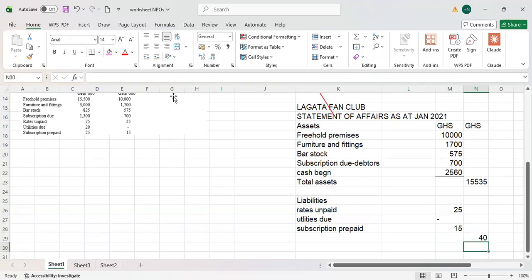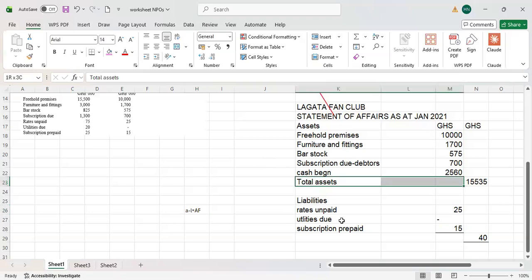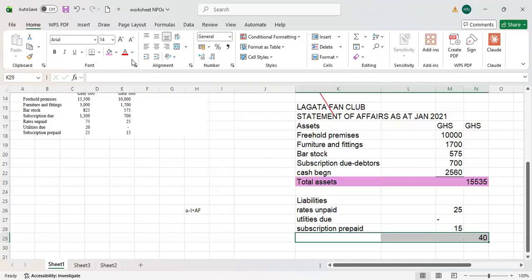If I add these two, I can subtract now. Remember the formula. We are doing assets minus liabilities equals accumulated fund, right? Great. So I have my assets here. I have my liabilities here. So I can see my total liabilities, and then I'm close to my accumulated fund.